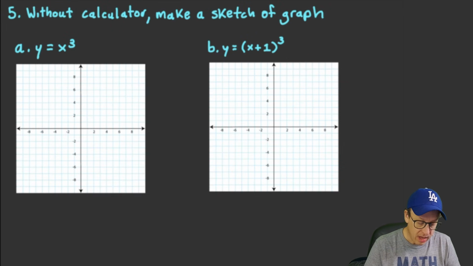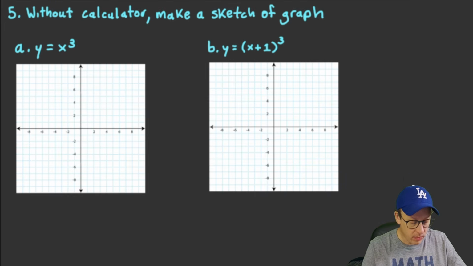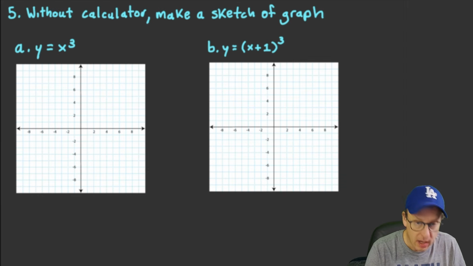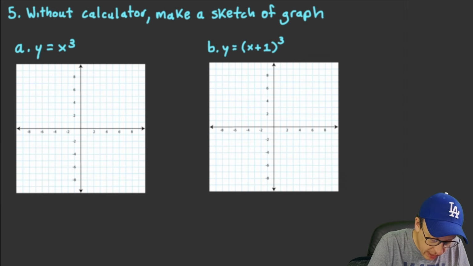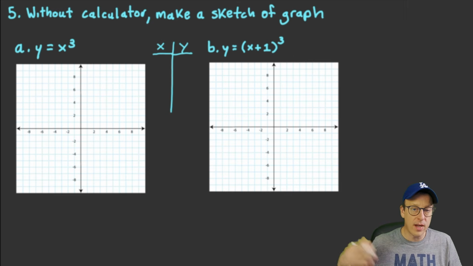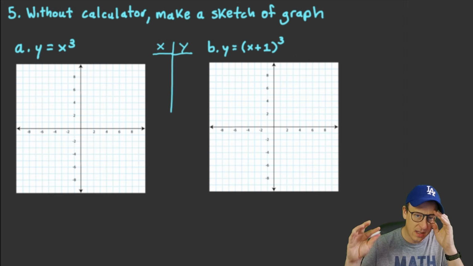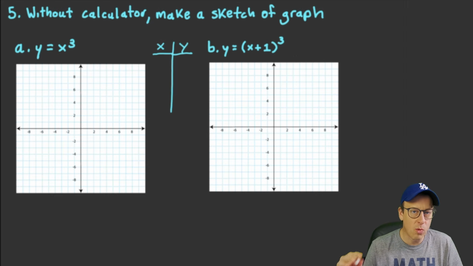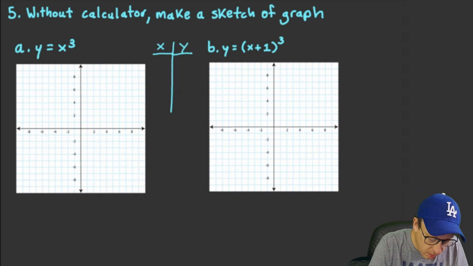So without a calculator now, what I'm going to do is come in here and try to sketch in exactly what these graphs look like. Sometimes you can just use a basic format, and sometimes you solve a couple problems and you get an idea. Remember, the idea of this is to get a sketch of what it looks like, a rough estimate. It's not to be absolutely perfect.